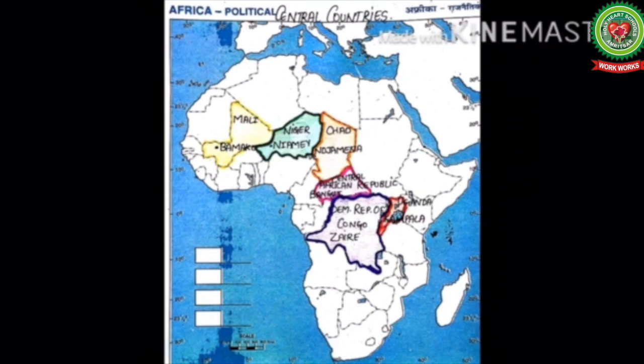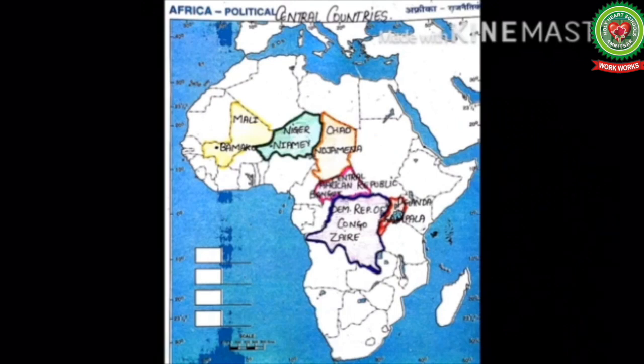The next country is Central African Republic and its capital is Bangui. This country shares its border with Cameroon, Chad, Sudan, Zaire and Congo. The next country is Democratic Republic of Congo. It is also known as Zaire.